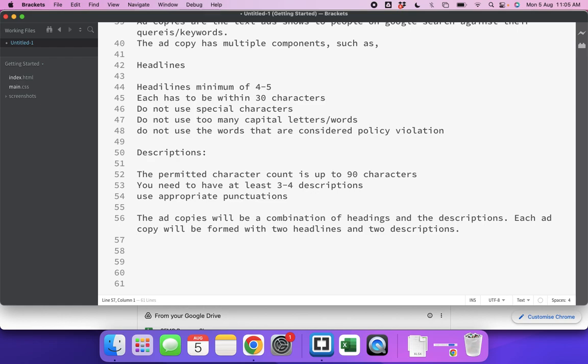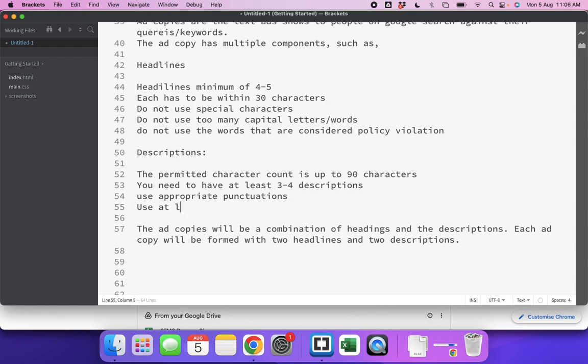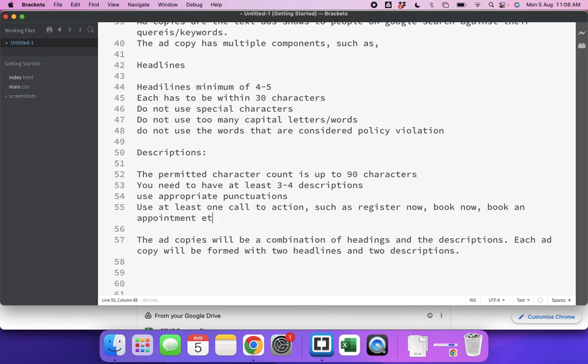Then use at least one call to action, such as register now, book now, book an appointment, etc.